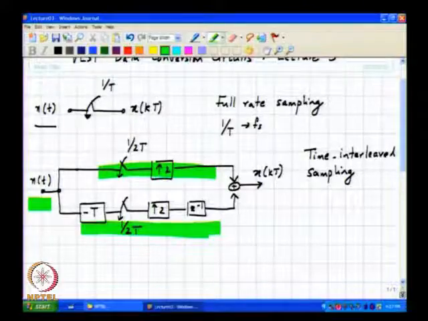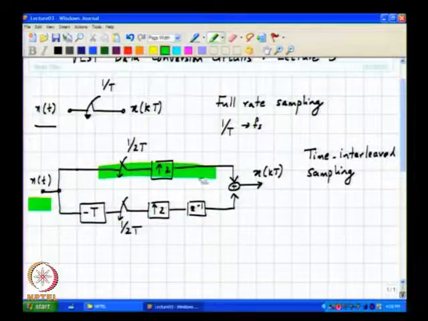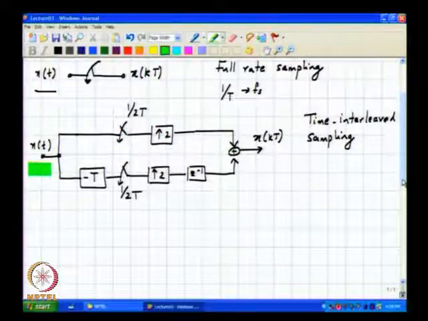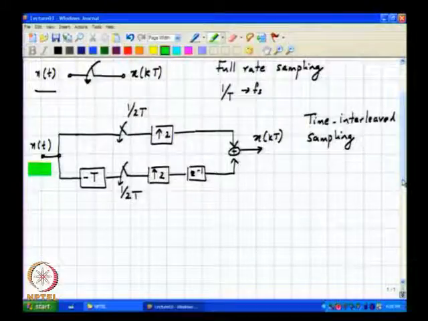What must be happening is that somewhere along the line the aliased components are cancelled. So let us take a look at the spectra and plot them. Last time we saw this through the maths. Let us actually draw pictures and convince ourselves that that is indeed happening.